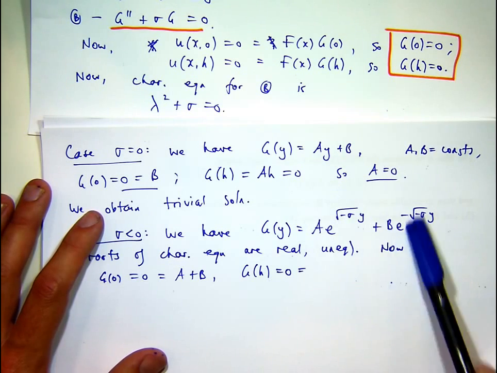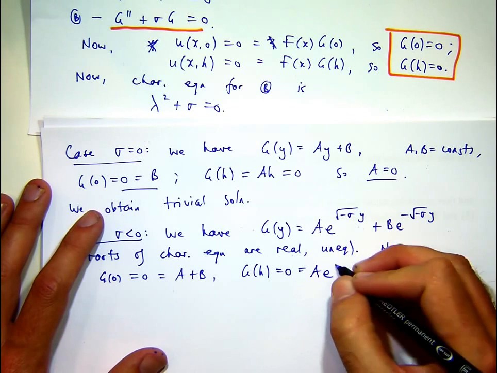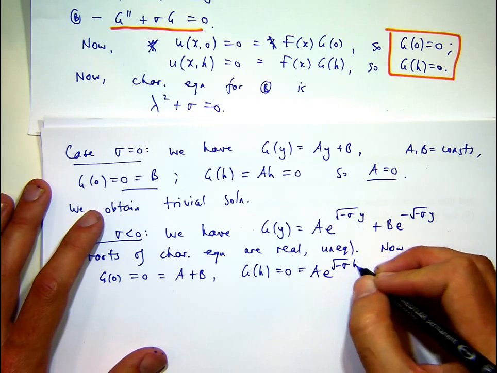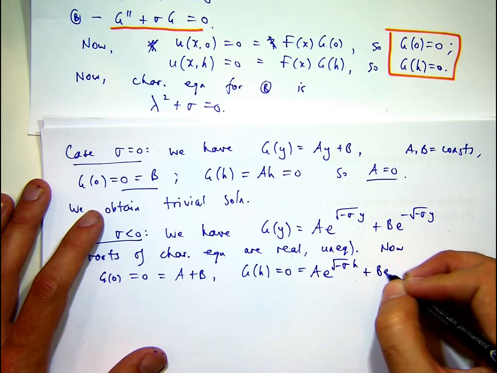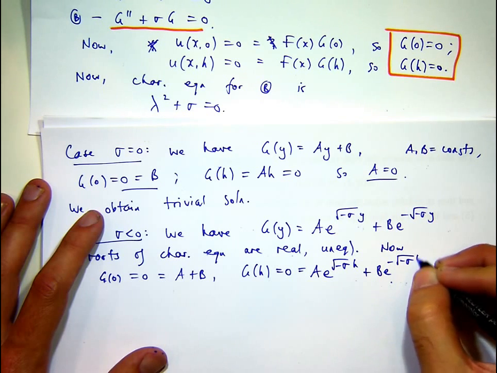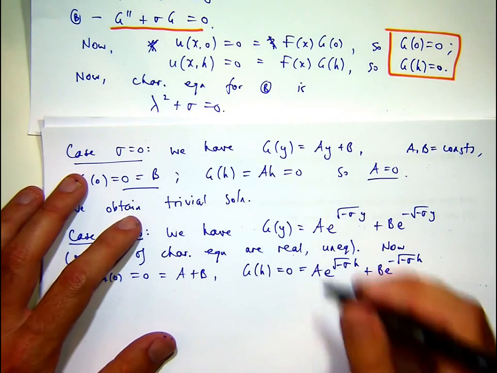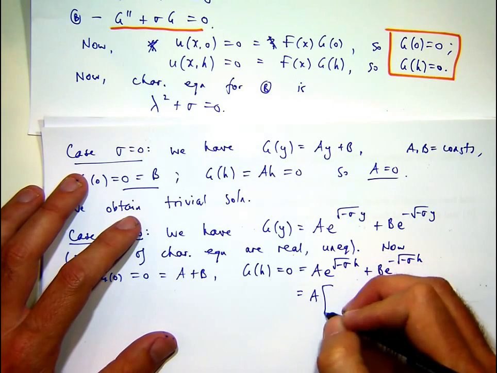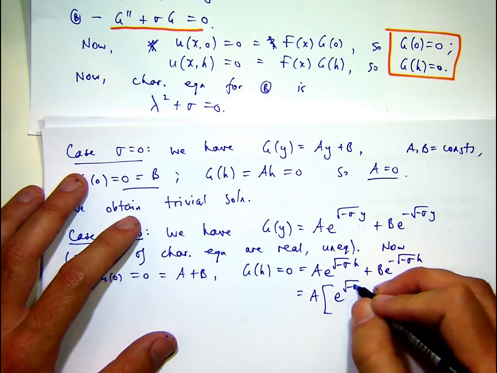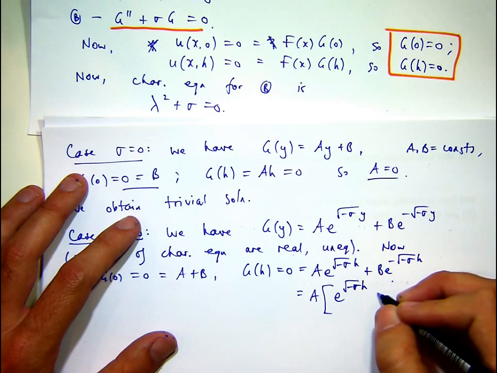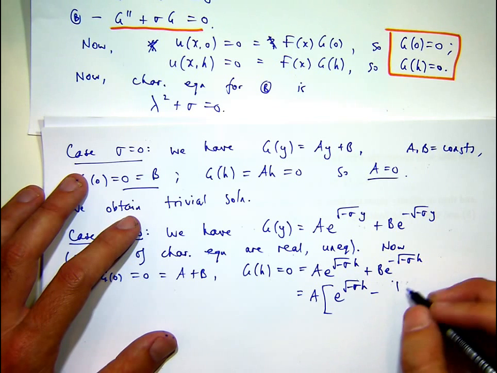Okay, so I go in here and plug in y equals H. Now, from the first equation, I can simplify the second equation. A equals negative B. So I can actually take a common factor out, say of A, and I get something like this.